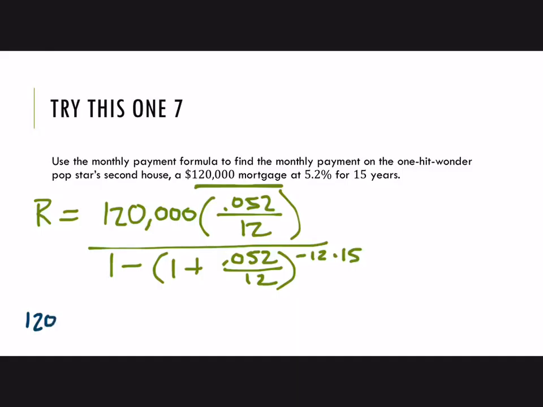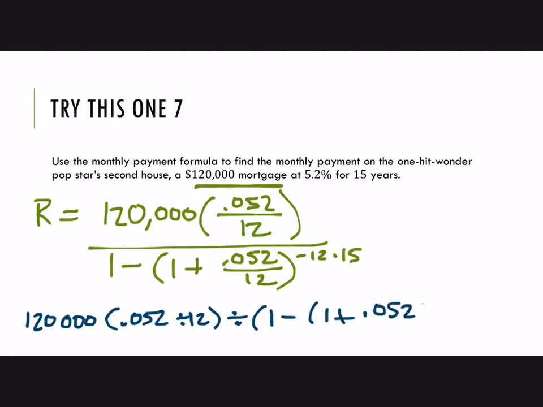Okay, so entering that in your calculator would look like this: 0.052 divided by 12, close parentheses, division, parentheses for the denominator, 1 minus 1 plus 0.052 divided by 12, close parentheses, exponent key, parentheses, negative 12 times 15, close that parentheses, and close one more for the denominator.